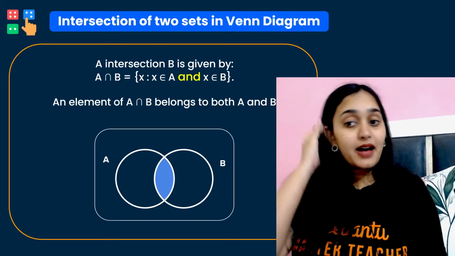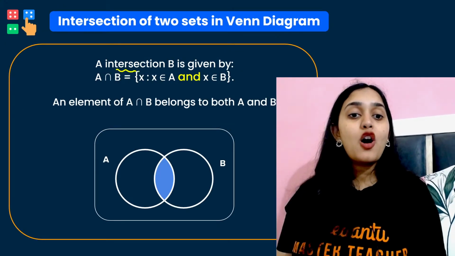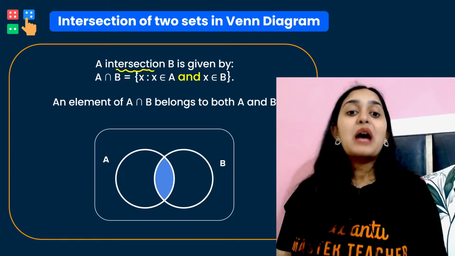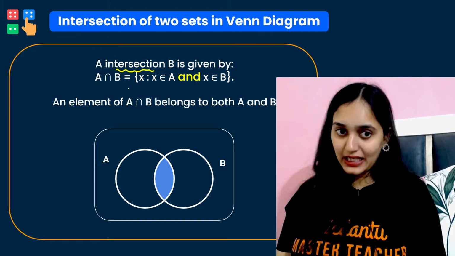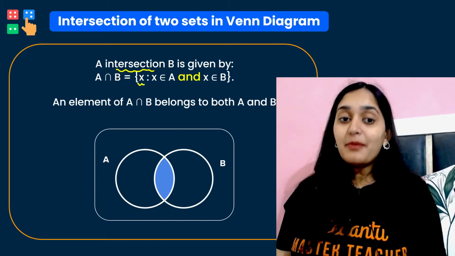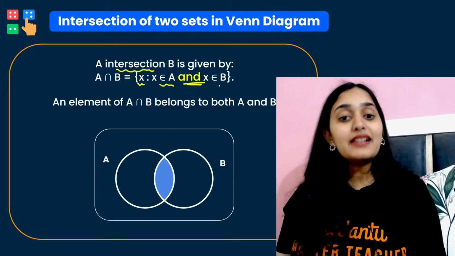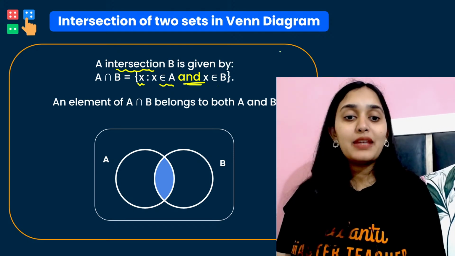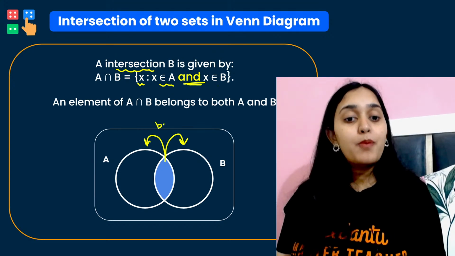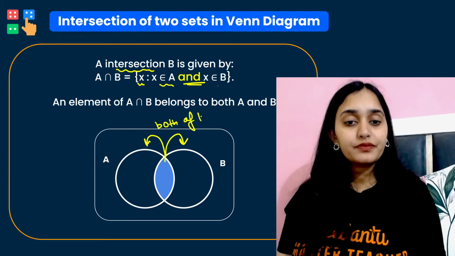Now let's learn about intersection of two sets. By intersection we mean elements that belong to set A and set B. That basically means it should be present in both of them.